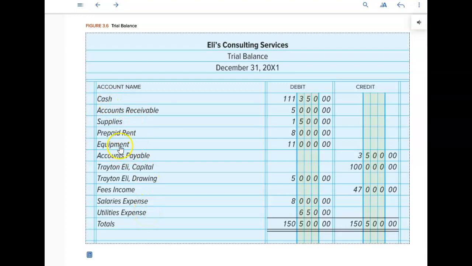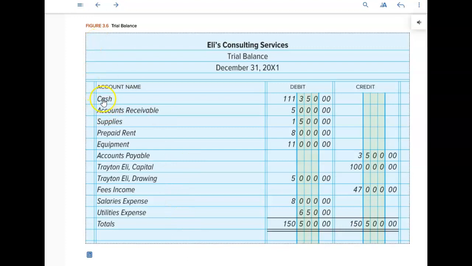Assets equals liabilities plus equity minus drawing plus income minus expenses. Each of these account titles and the balance in this trial balance came from the T account shown in figure 3.5.